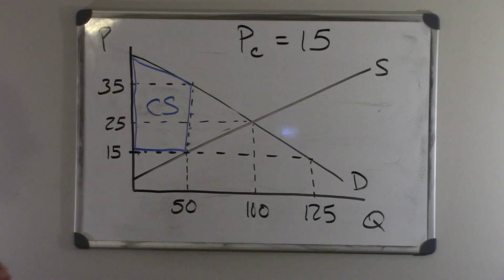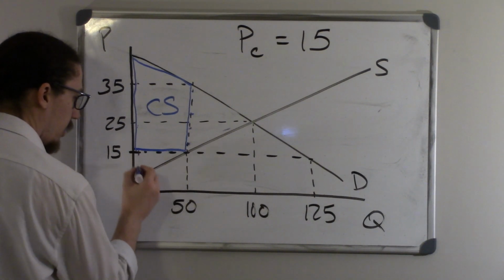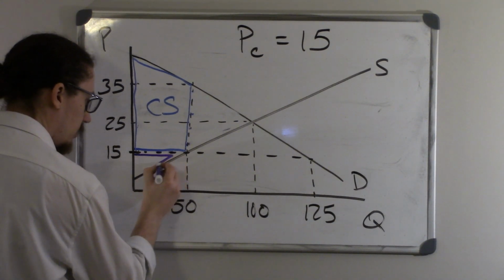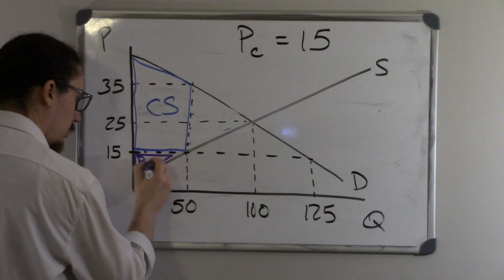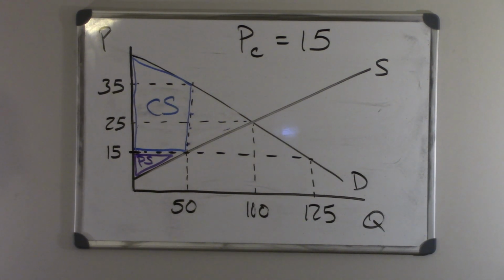I'm not sure. And our producer surplus is the area below the price and above the supply curve. And so this is what our producer and consumer surplus look like now.